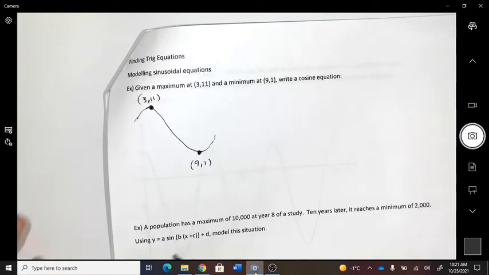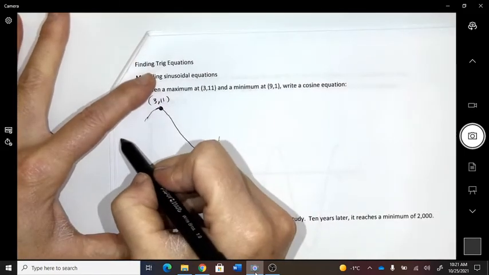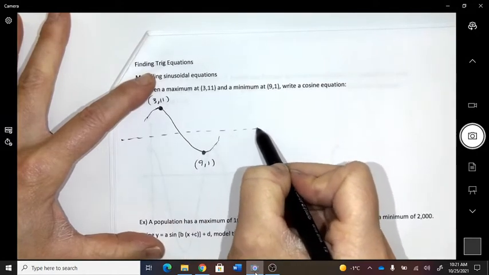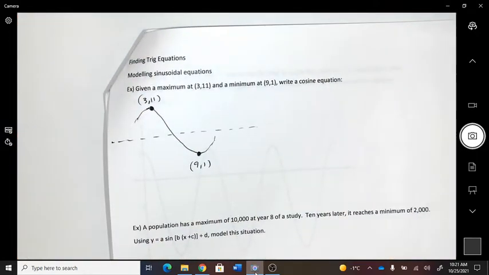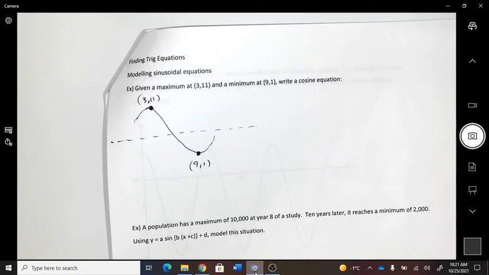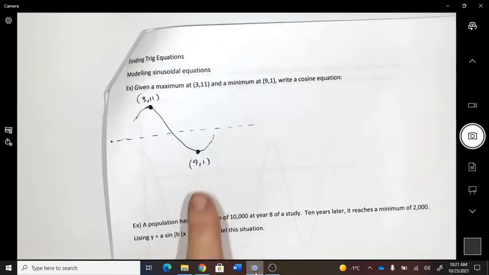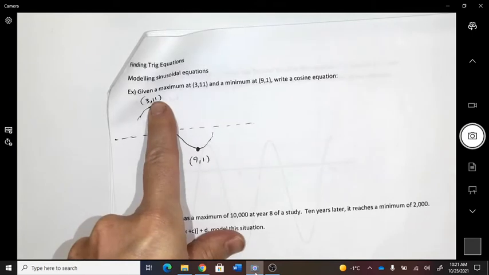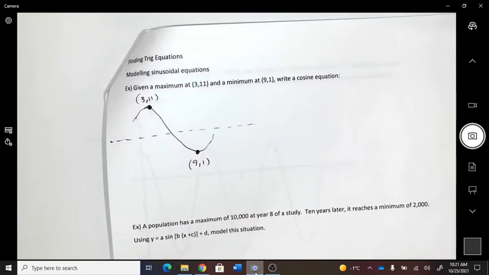What do we mean? Okay, so what I'm going to do first is decide what height is in the middle. I'm looking at a height of 1 and 11, and now I'm figuring out what number will be in the middle of those. What y height is between a 1 and 11?